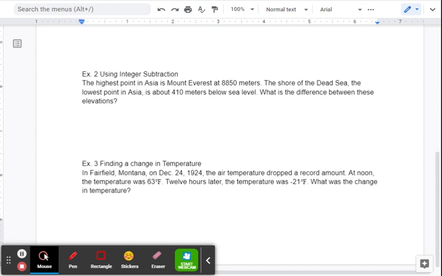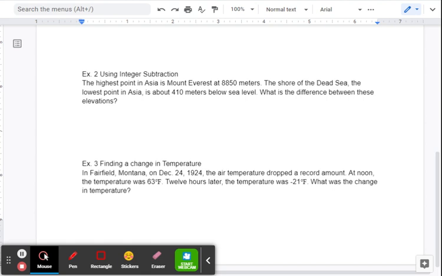When it says it's below sea level, we know we're going down into the negatives. So if we think about it, if this is sea level, Mount Everest is above it, so it's positive. The Dead Sea is below sea level, so it's a negative. So if we have 8,850 minus a negative 410, what do I have to do? Am I going to subtract? What am I supposed to do, Tristan?